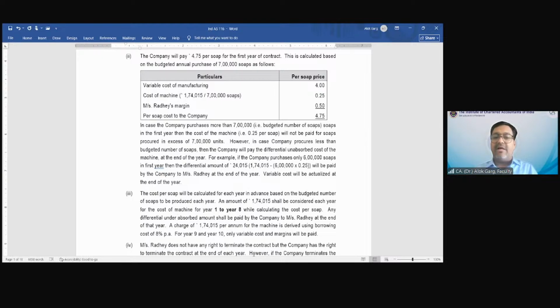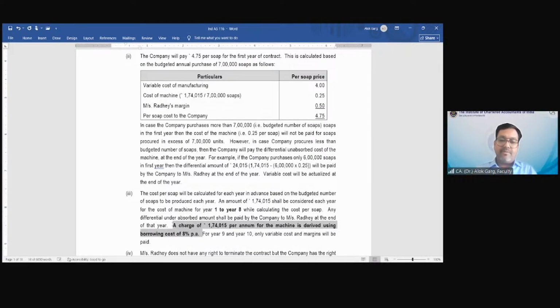Any differential under absorbed amount shall be paid by the company to Mr. Radhe at the end of the year. कोई भी unabsorbed amount है तो वो at the end of the year pay होगा. A charge of 1,74,015 per annum for the machine is derived using a borrowing cost of 8% per annum.